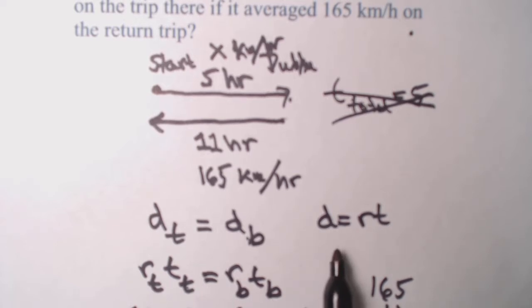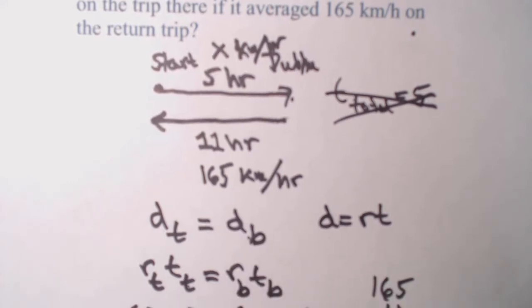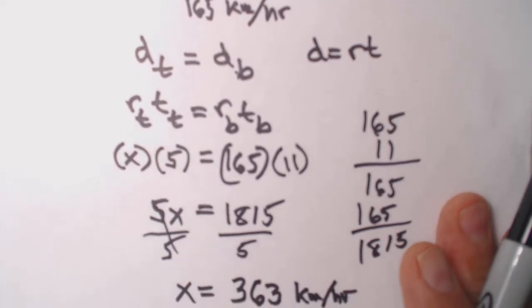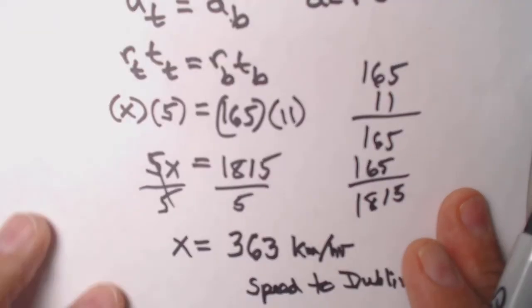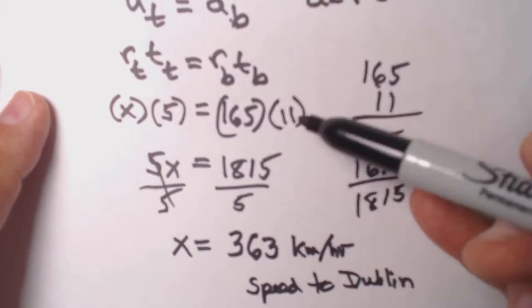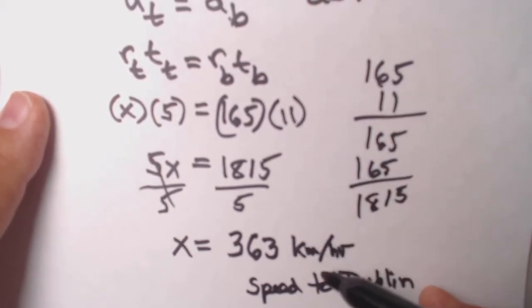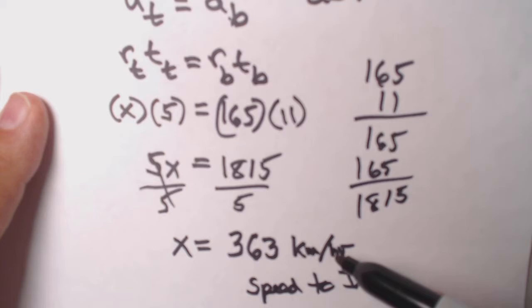The reason we do the substitution is we don't have any more information about D, but we do have information about R and T. Remember what we did, we just plugged these values in and then solved, and that allowed us to come up with X being 363 kilometers per hour, the speed going to Dublin. Okay, let's look at one more of these.